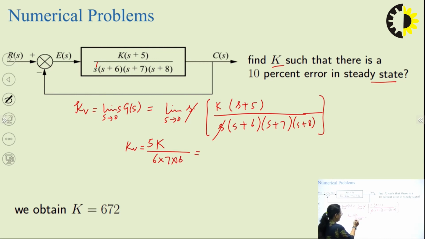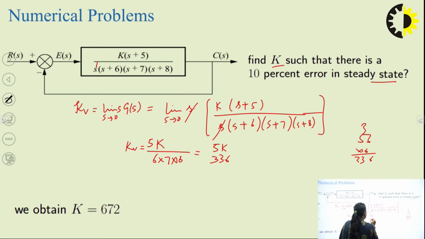56 into 6 is 336, so this is 5k by 336. Also we know the steady state error, which is given as 10%. 10% means 10 upon 100, which is 0.1, and the steady state error is 1 upon Kv in this case.